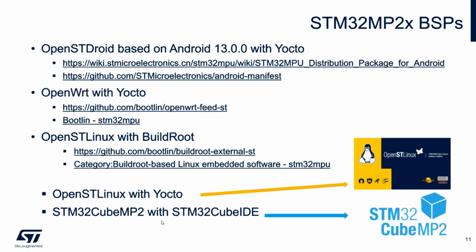Cube IDE allows you to compile Cube MP2, which is a set of drivers to allow you to make some firmwares on the coprocessor, on the Cortex M33. So here you have a view of all the offer.